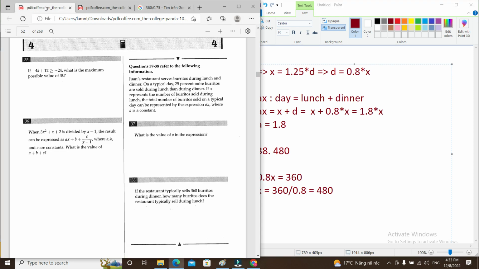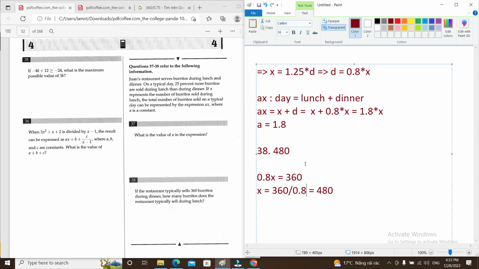Alright, so what is question number 38? If the restaurant typically sells 360 burritos during dinner, so we have dinner D to be 360. How many burritos are actually sold during lunch?